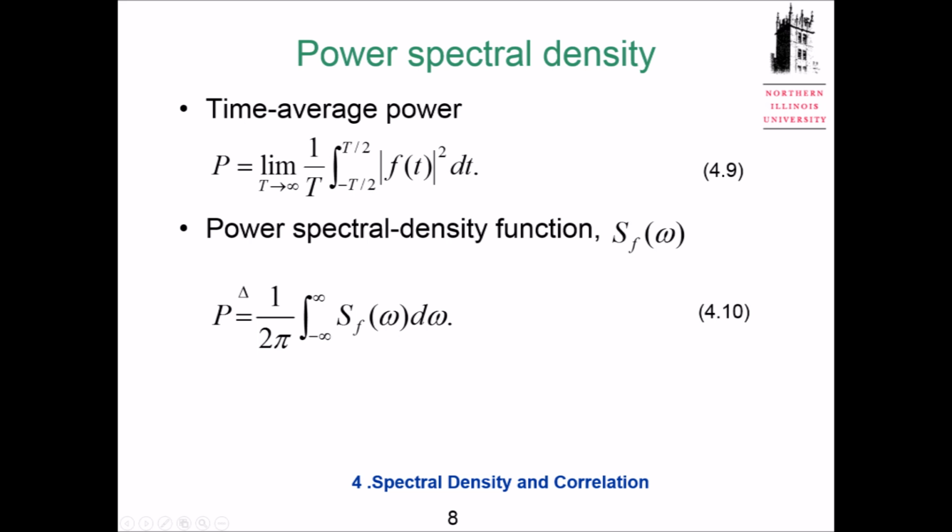Something's integral gives us energy, right? So this one gives us power. So we call it power density, power spectral density. In the frequency domain, we call it power spectral density, S_F(omega). So this is just a definition.